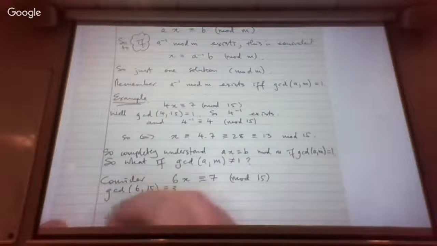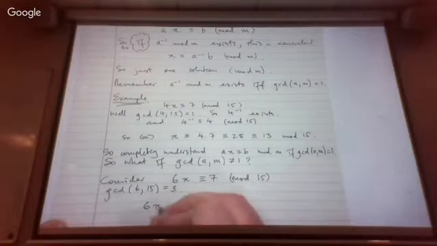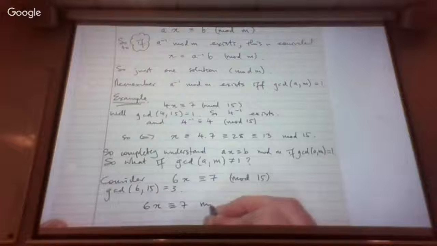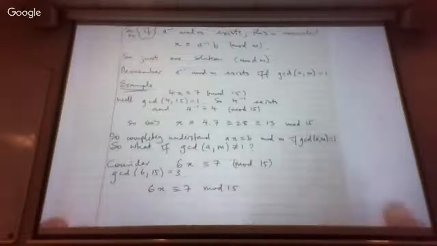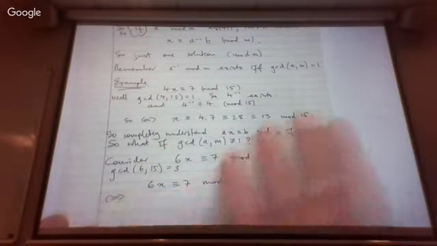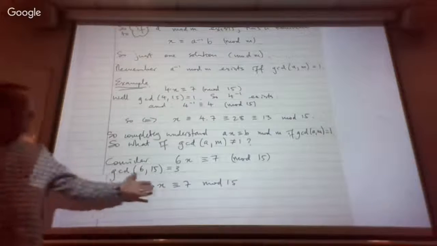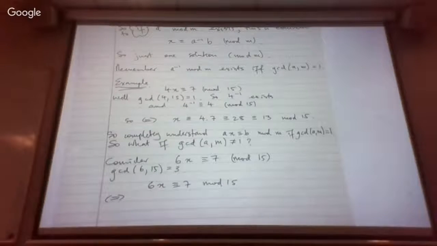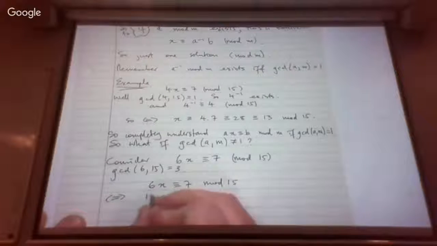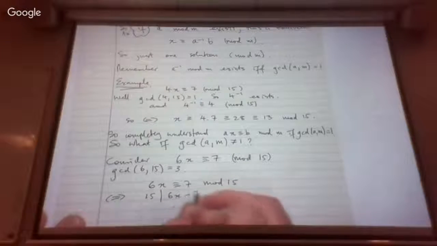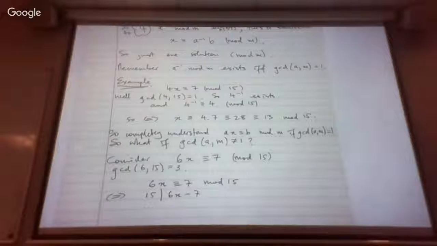So if there is a solution, let's start examining it and see what we can arrive at. If there was a solution, we'd be able to say 6x was congruent to 7 modulo 15. The meaning of that is that 15 divides the difference.